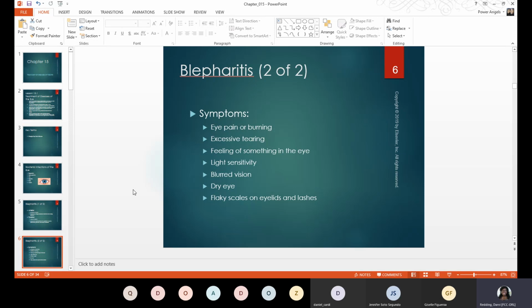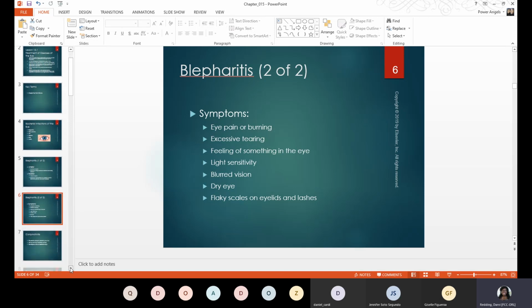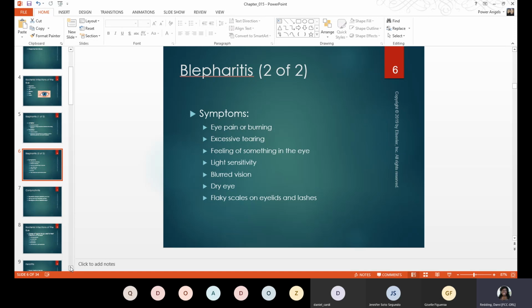And then there could also be some flaky scales on the eyelids or on their lashes. So these would be some common symptoms of blepharitis. As we continue learning about different bacterial infections of the eye, you should know anytime that you hear the suffix itis at the end, that represents there being an inflammation of something.